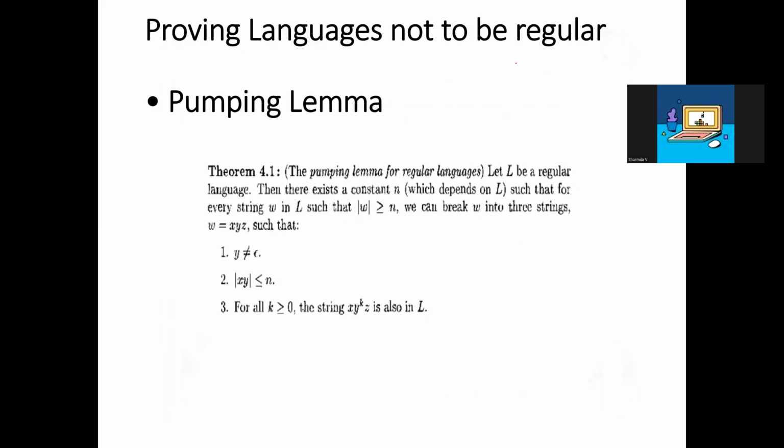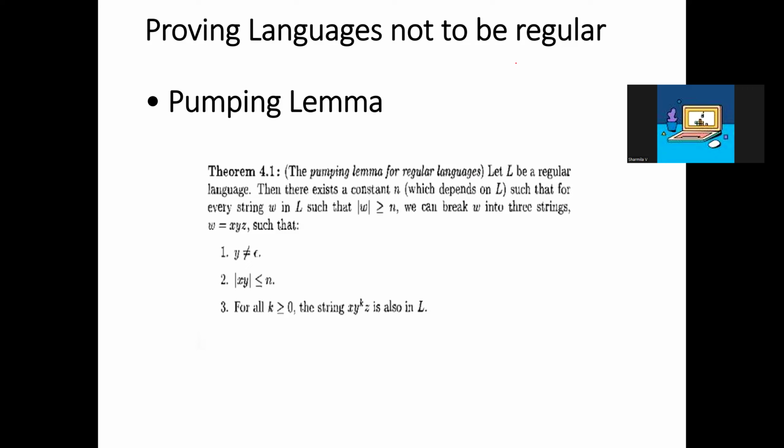Next application is the pumping lemma. In the pumping lemma, we have three conditions: y not equal to epsilon, the length of xy is less than or equal to n, and for k greater than or equal to 0, the string x y power k z also belongs to the language. That is the pumping lemma for a regular language L. There exists a constant n which depends on the language L, such that for every string w in L with length of w greater than or equal to n, we break it into three strings x, y, z.